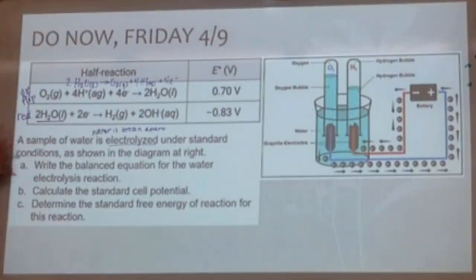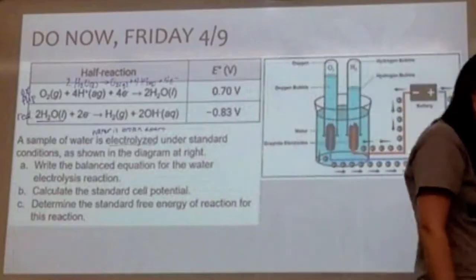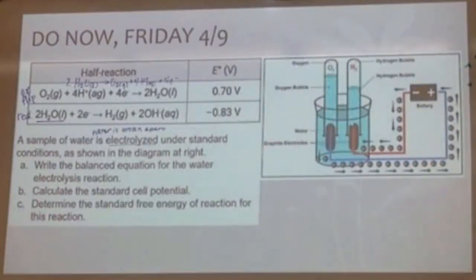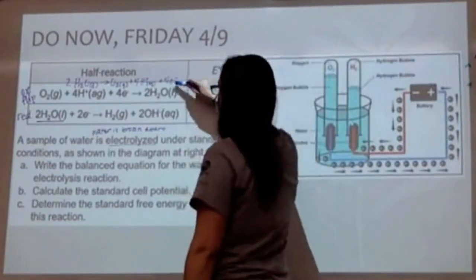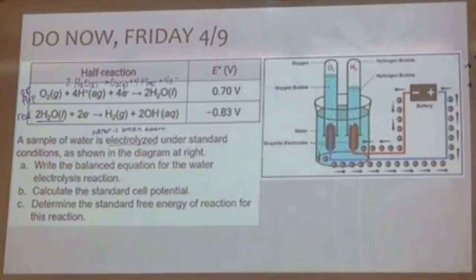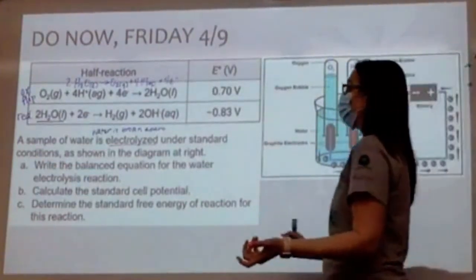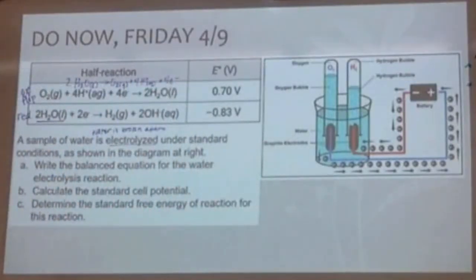Now we want the overall equation for everything that's happening in this cell. This is what we did with voltaic cells already. Before we can add these two together, what do we have to make sure to do so that they cancel? Make the electrons equal. Up here we have 4 electrons, down here we have 2 electrons.